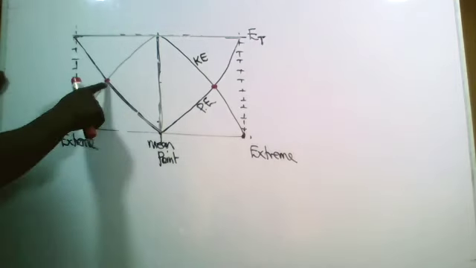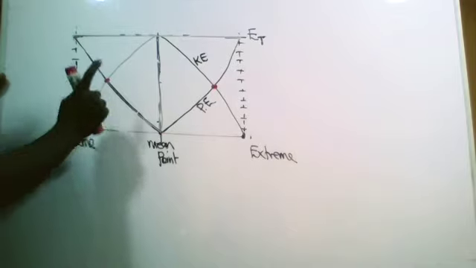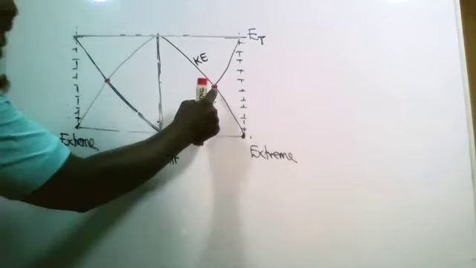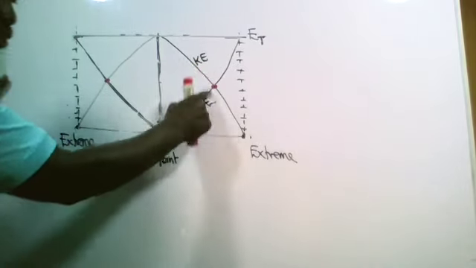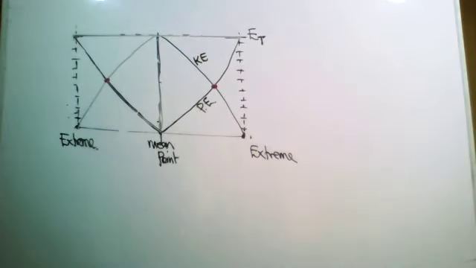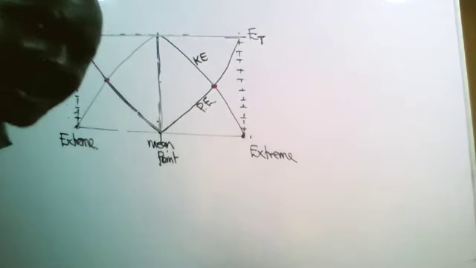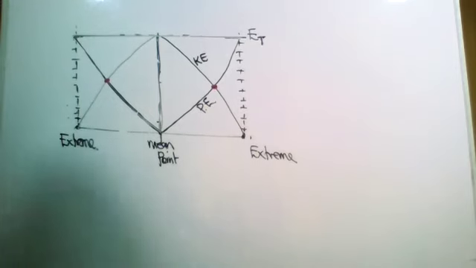So at this point PE is equal to KE, and at this point too, PE is equal to KE. So this is the energy graph in terms of displacement.